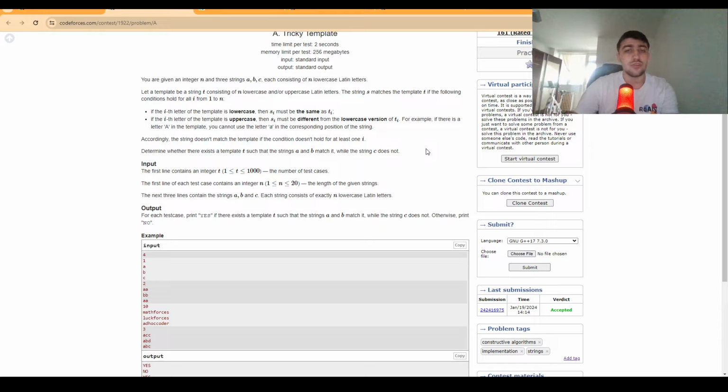But it turns out that it's just a matter of checking one case and making sure that there is at least one position in which we can differentiate the first 2 strings from the third one, because on every other position they can all work together. We don't care as long as there is one position such that the template no longer fits with the third string. And this is what I did in the solution.